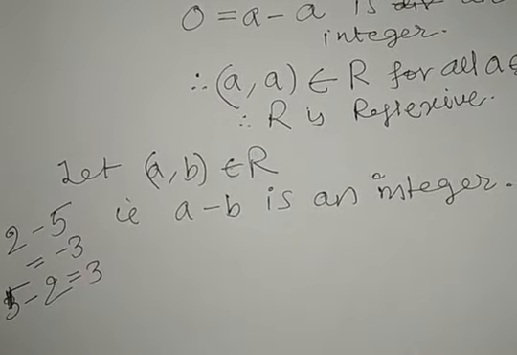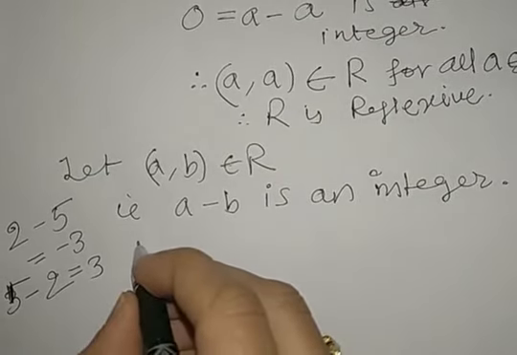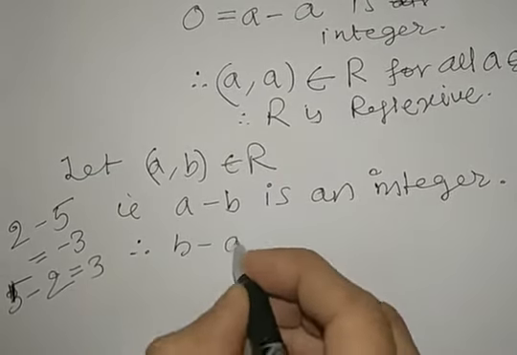So you can find that if a minus b is an integer, then b minus a is also an integer.